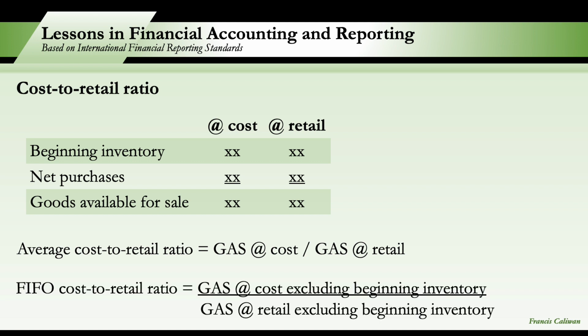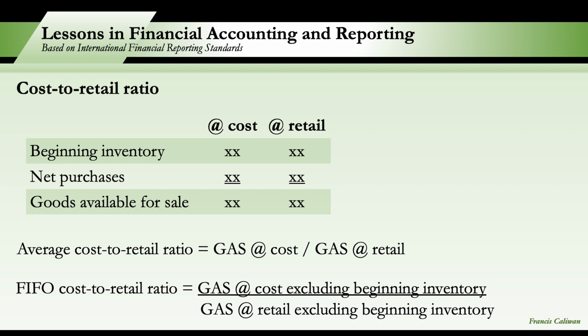Number two is the FIFO cost to retail ratio, which is goods available for sale at cost excluding beginning inventory over goods available for sale at retail, also excluding the beginning inventory.